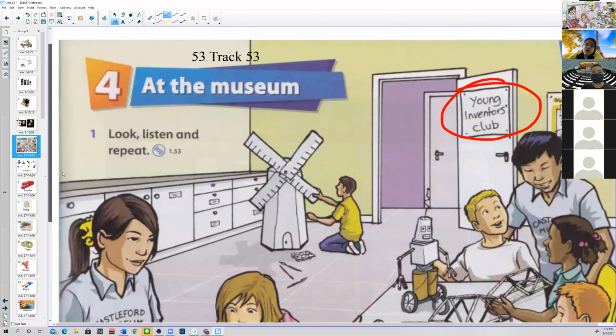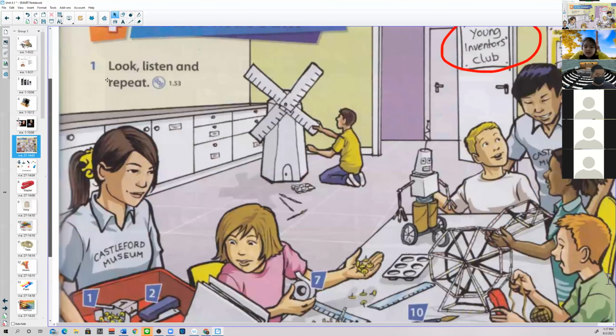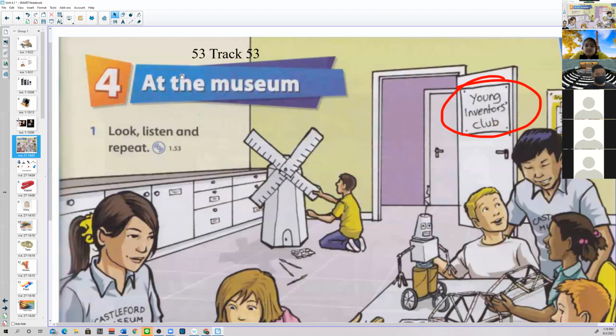Look at the picture and then look at the number. Number 1, 2, 3, 4, 5, 6. These are all the items that you will learn and what you call them as well. Now listen and repeat. Listening 53.